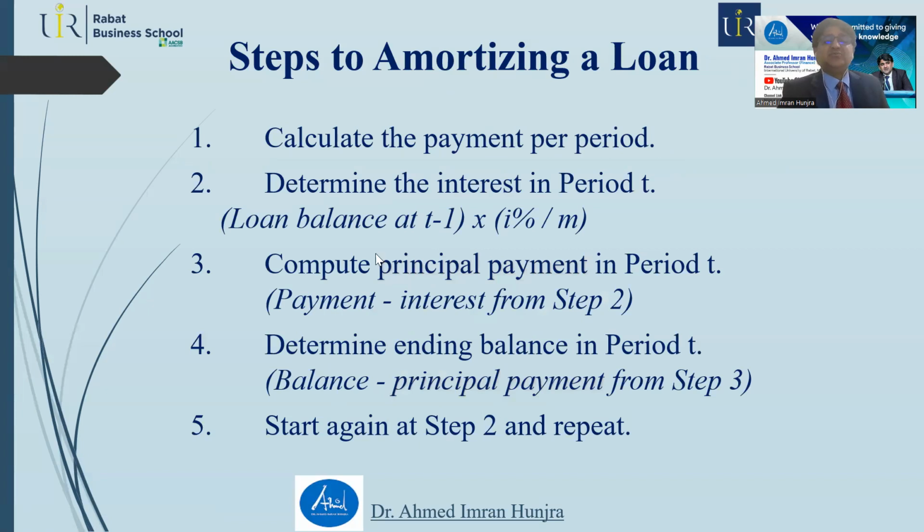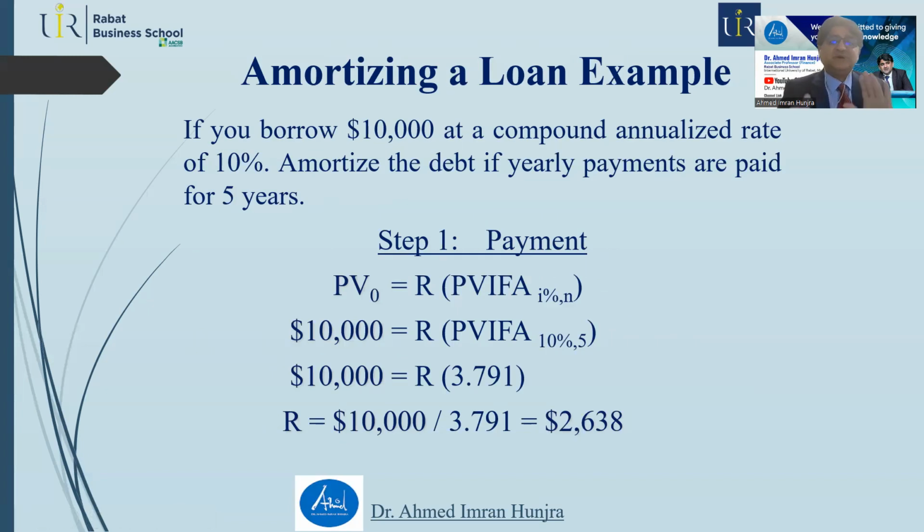What are the steps? The first step is to calculate the payment. How can we calculate it? It's the case of present value of annuity. So the present value of annuity formula is equal to payment, denoted by R, times the present value interest factor for i percentage and years.